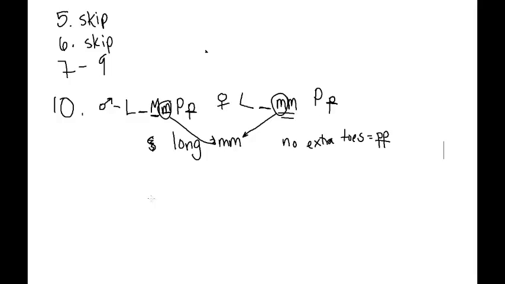And then we have the third kitten has short hair, a long tail, and no extra toes. We've already discussed the long hair and the normal toes, and now we're discussing a kitten that has short hair. Oops, we missed one back there. That's what I forgot.